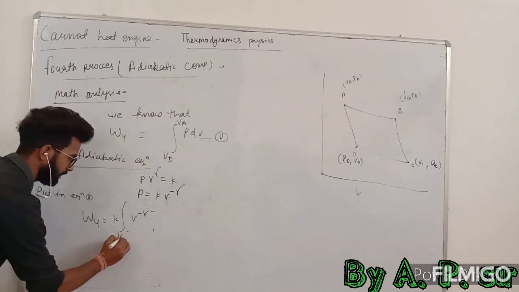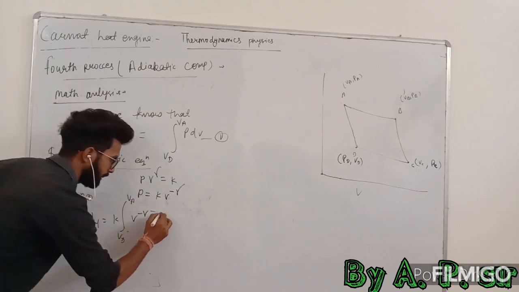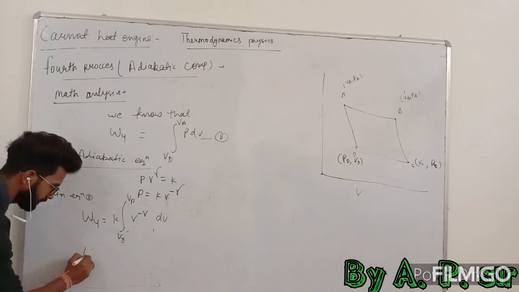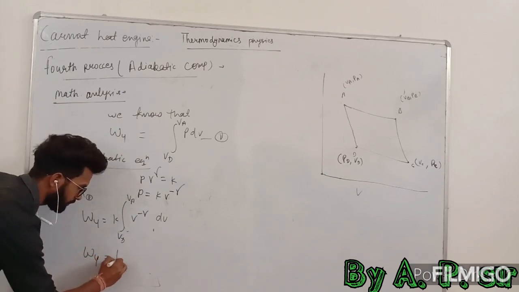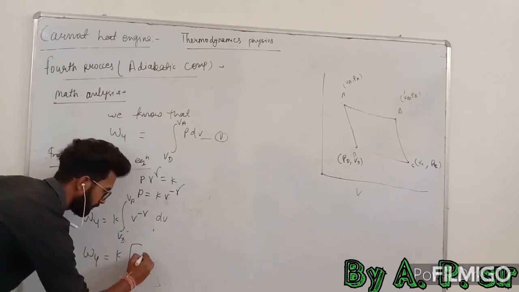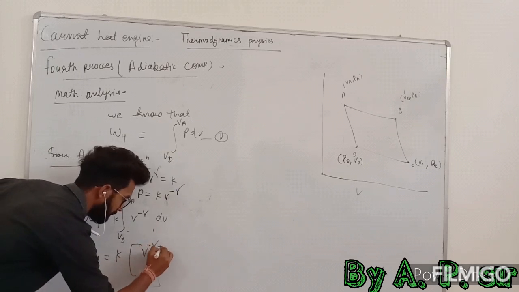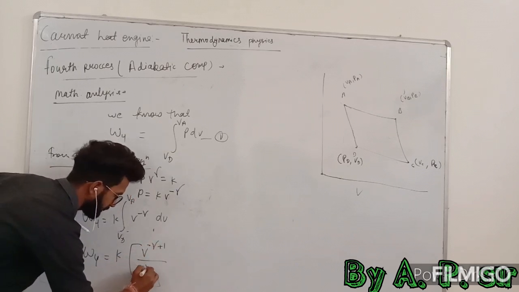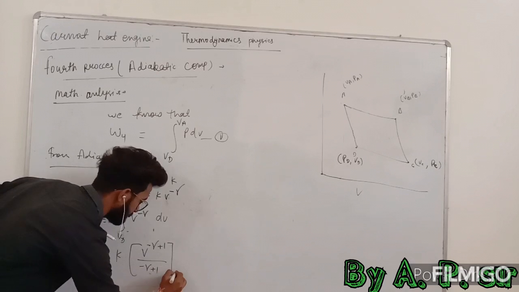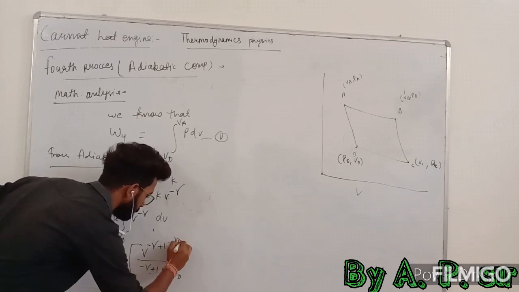integration from VD to VA of dV. The integration gives W4 equals K V^(-gamma+1) upon (-gamma+1), from VD to VA.